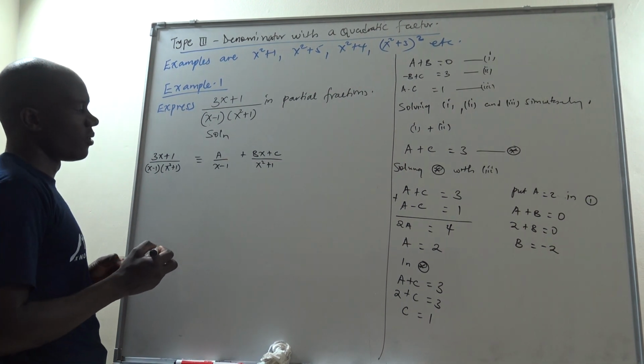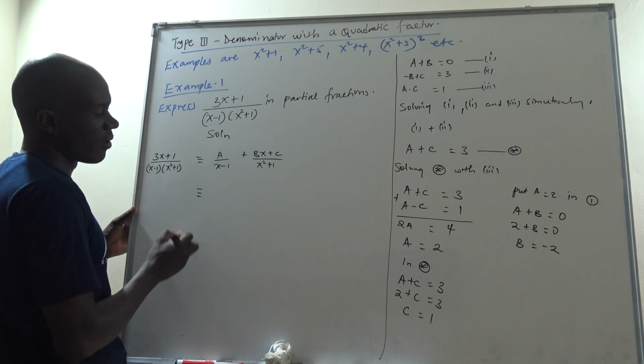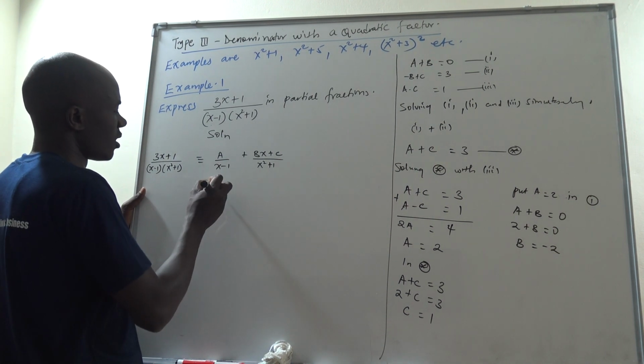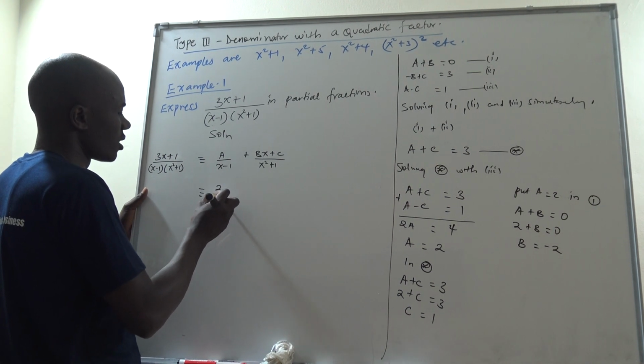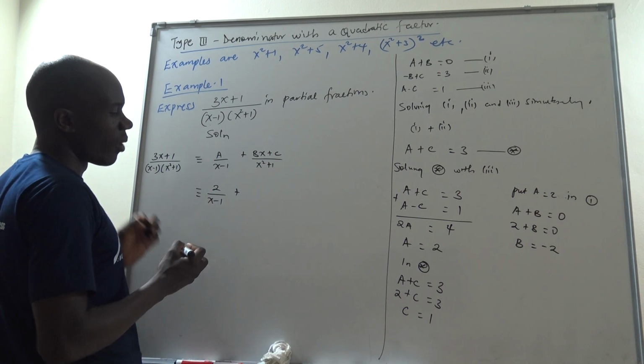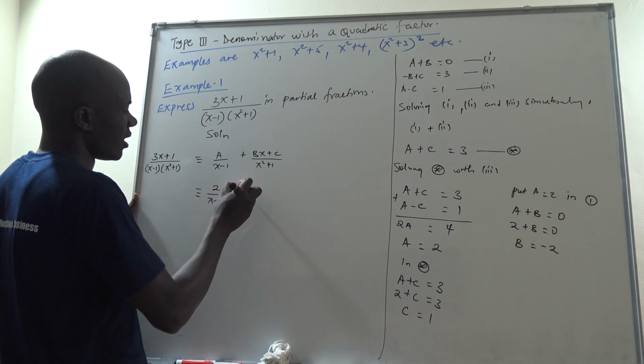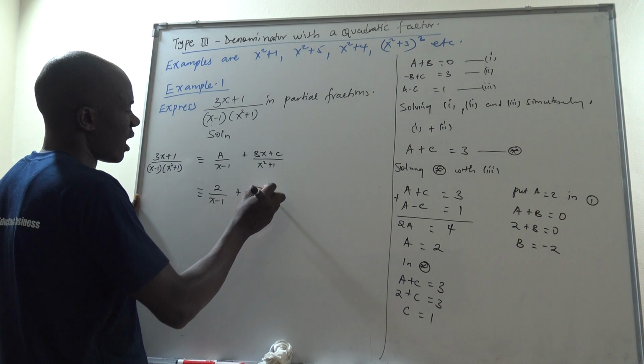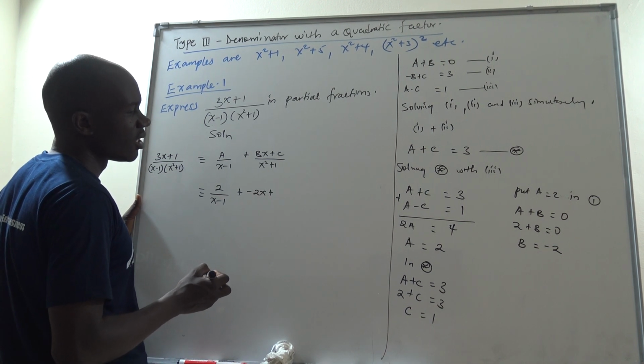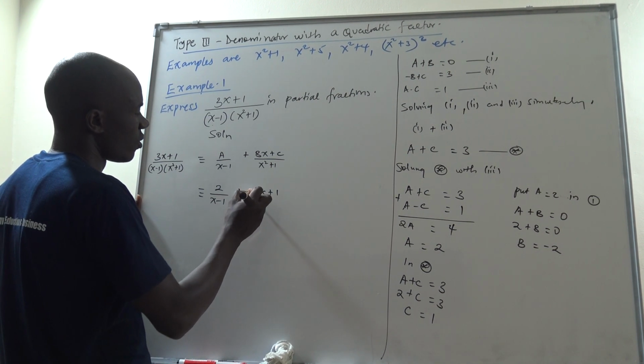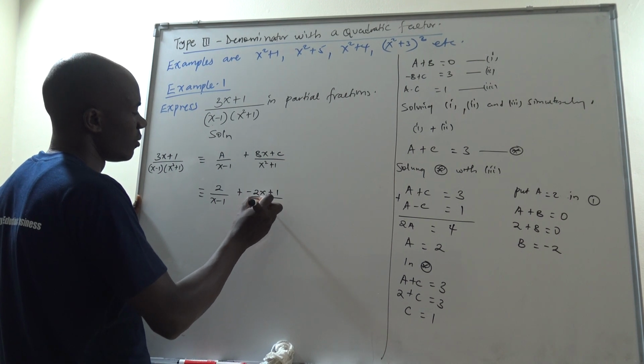Now, what is the value of a? We substitute in. The value of a is already 2 out of x minus 1 plus, what is the value of b? b is negative 2x plus, what is the value of c? The value of c is 1 all over x squared plus 1.